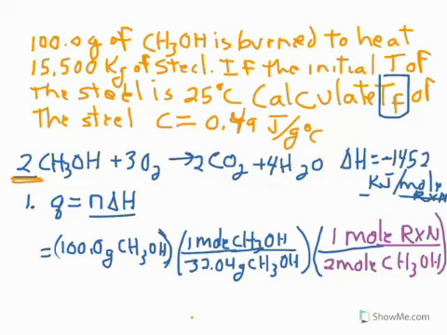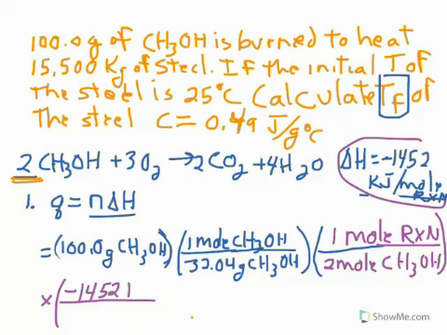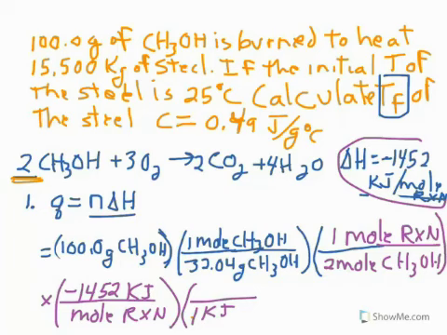And then finally, I multiply by my delta H. So I finally got moles of reaction, and now it's negative 1452 kilojoules per mole of reaction. And I'll convert to joules. That'll be useful here. 1 kilojoule per 1,000 joules.